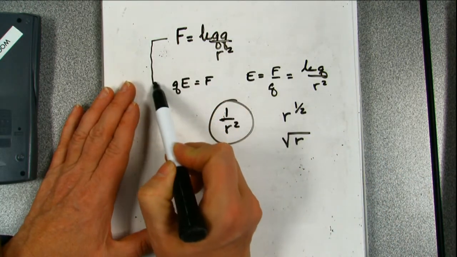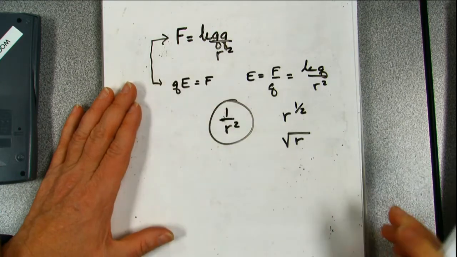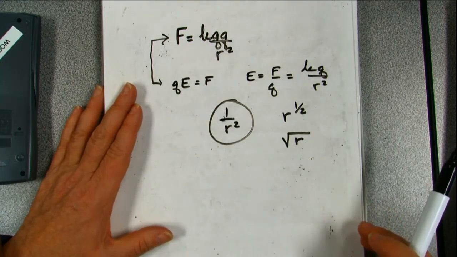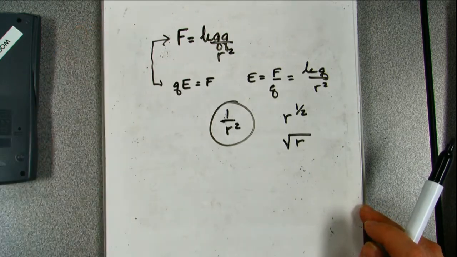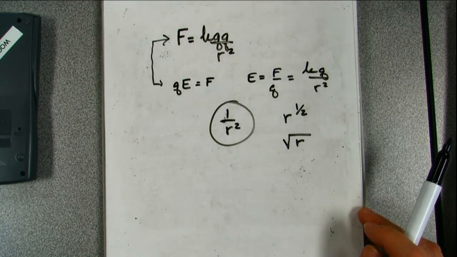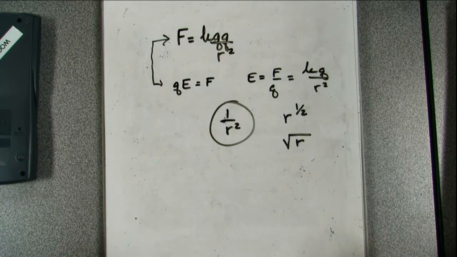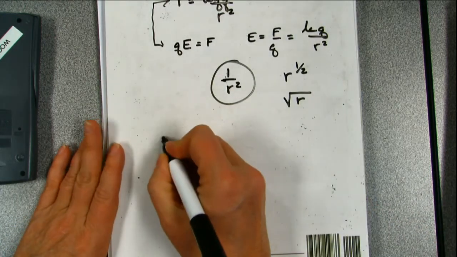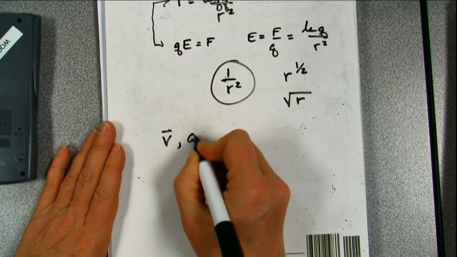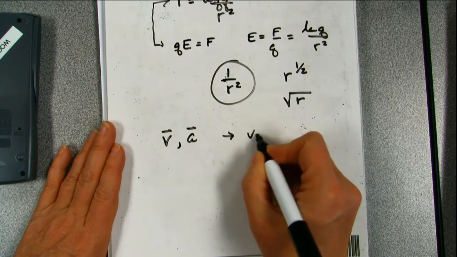For the last 2 weeks or so, we have been working through to get to a point where we're about to get here. If you remember in Physics 1, we started out with velocity and acceleration, and they were vectors, right?